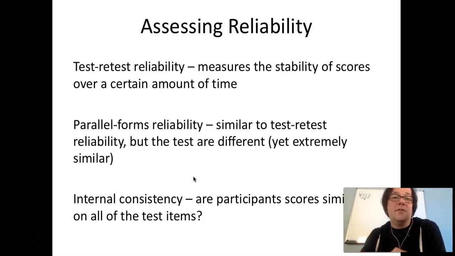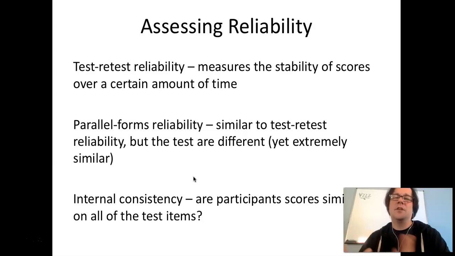Another form of assessing reliability is by looking at what's known as internal consistency. Now, this is often associated with scale development and factor analysis, but the very basic way of describing internal consistency is that your participants are answering consistently if you're trying to measure the same construct using several different questions.